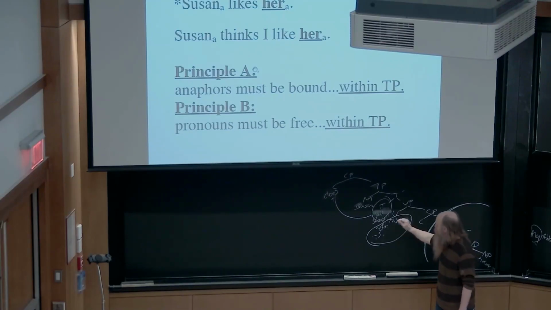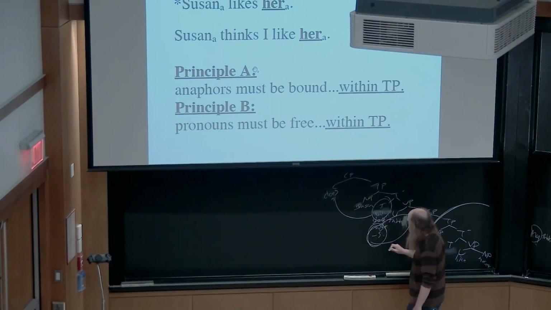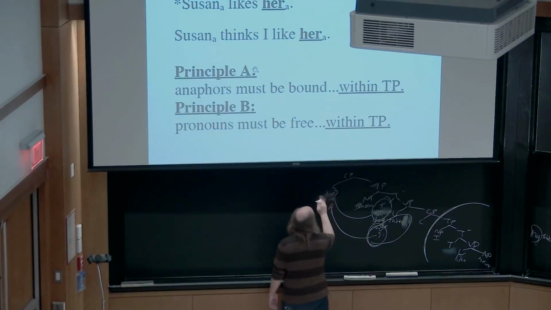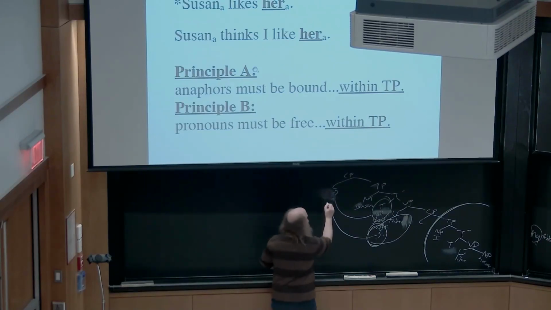There's a big literature on trying to figure that out. And then the other story is, if you're going to do T to C, if you're going to make a question, it's not going to show up here, it's going to show up here. So you would have expected this to be "Susan think I like herself," but s is too small to be an English word or something like that. And so you put in this do.